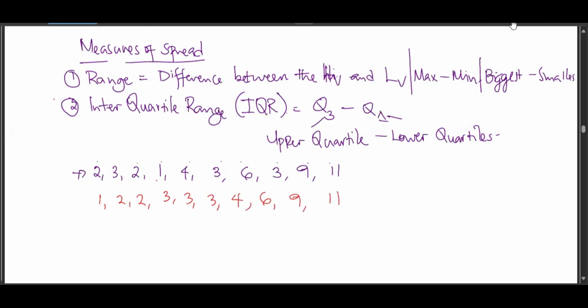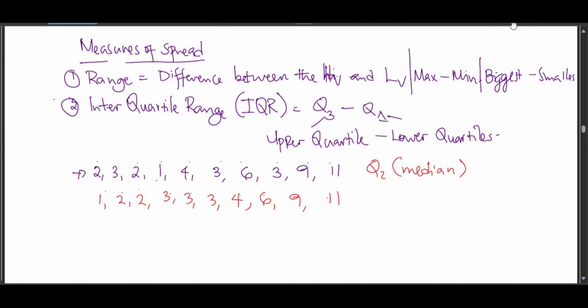So you start with Q2. Another name for Q2 is the median. Since I've arranged the data and there are 10 values, I'm going to remain with two numbers in between, the fifth number and the sixth number. So you say 1, 2, 3, 4, 5, 6, 7, 8, 9, 10.